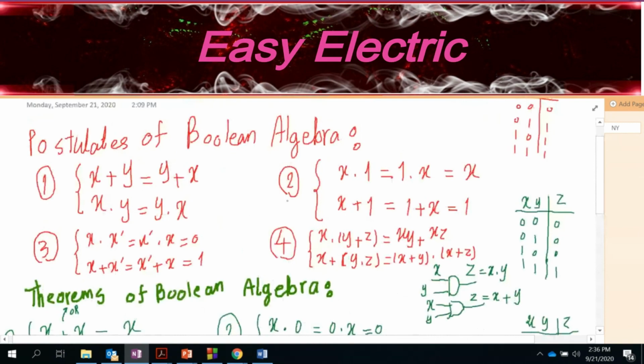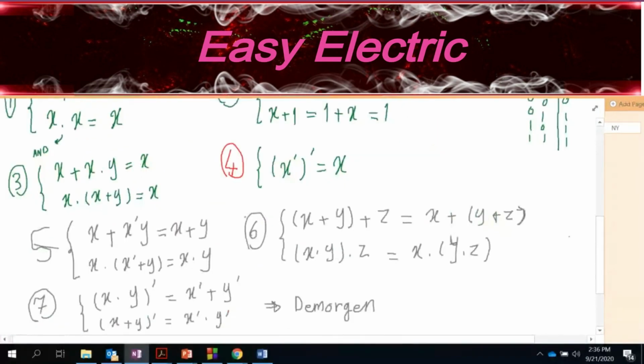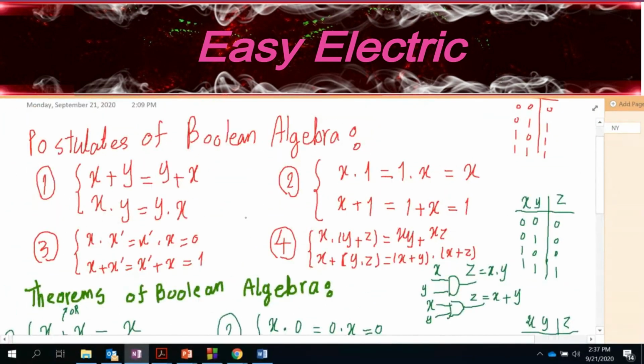So these are the 7 theorems and also the 4 postulates of Boolean algebra. Why do we have this? We use these 7 theorems and 4 postulates to make the function as simple as we can. There is a reason for that. Simplifying the Boolean function is an important topic in digital design.